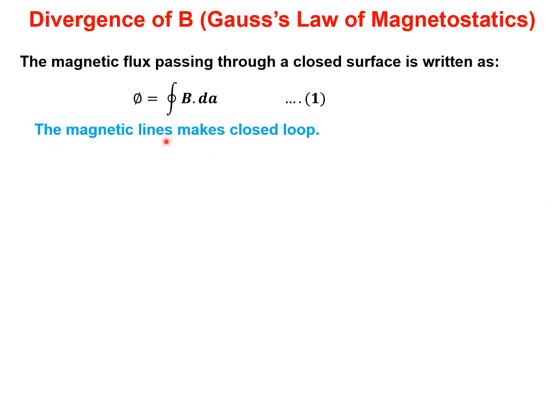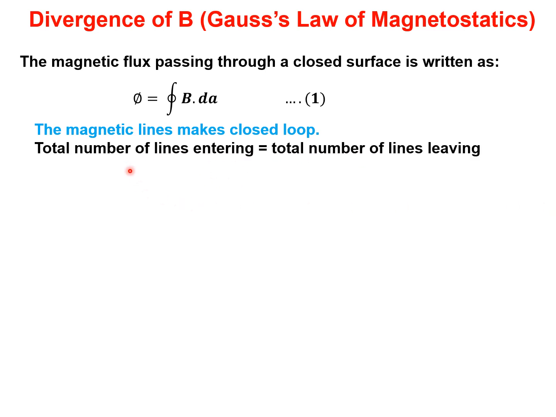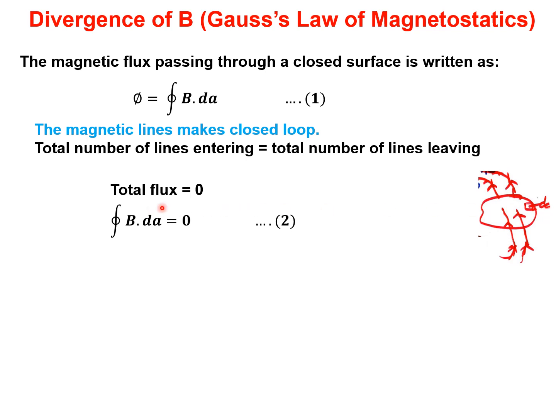We have seen in the last slide that the magnetic lines make closed loops, so the total number of lines entering equals the total number of lines leaving the surface, and this gives us total flux equal to 0.